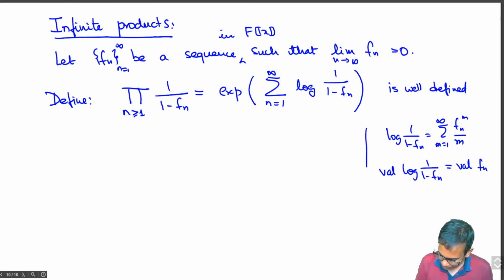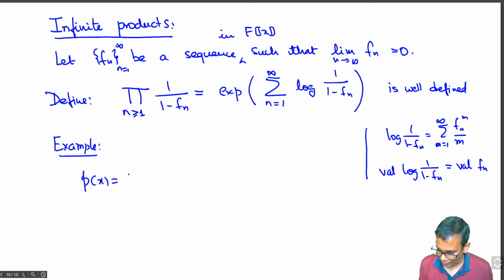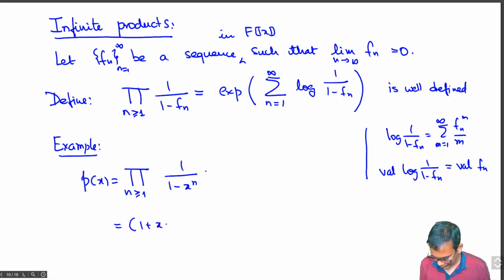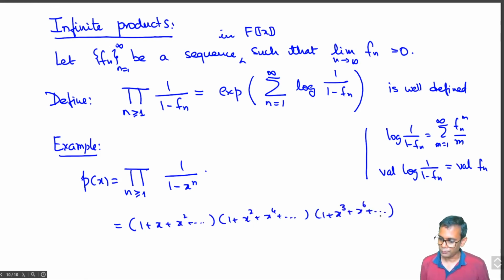So as an example, we define Px to be product n greater than or equal to 1 over 1 minus x to the power n. So this you can think of as 1 plus x squared, 1 plus x squared plus x to the power 4, 1 plus x cubed plus x to the power 6, and so on.